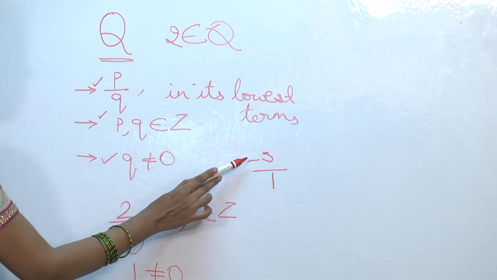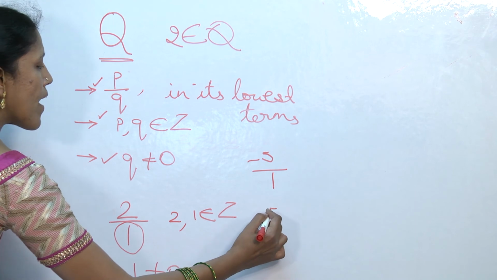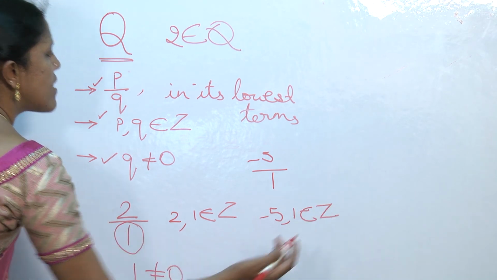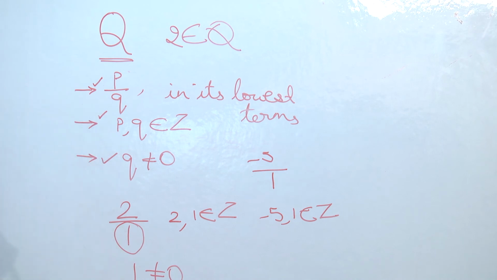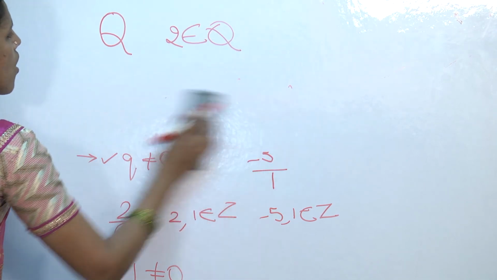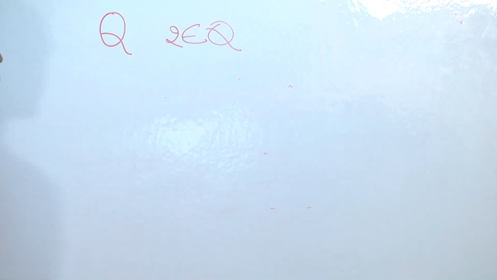Second condition, both the numerator and denominator should be integers. Here, minus 5 is the numerator, 1 is the denominator, both are integers. Therefore, the second condition is satisfied. The third condition is also satisfied because 1 is never equal to 0. Therefore, we have proved that all integers belong to rational numbers.